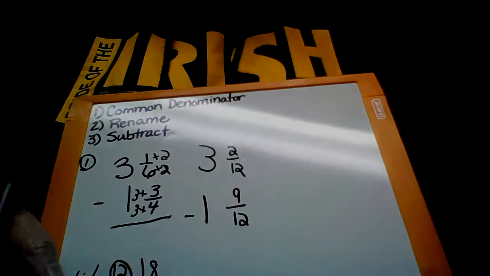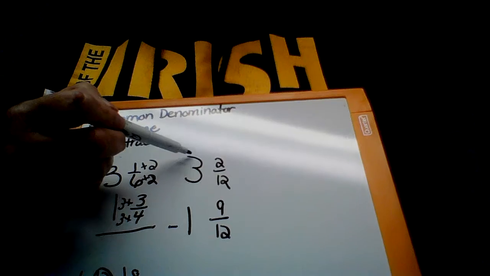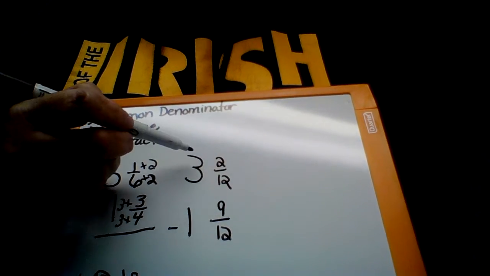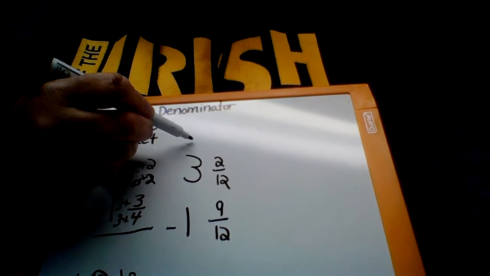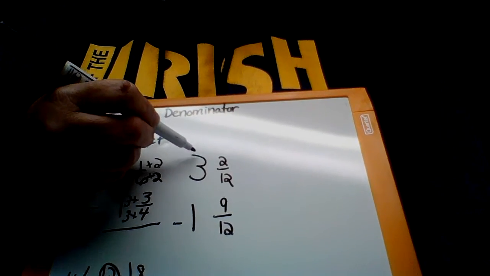So again, just like in the last problem, I'm going to have to take this 3, because this is 12/12 plus 12/12 plus 12/12, because 12/12 equals 1 every single time.